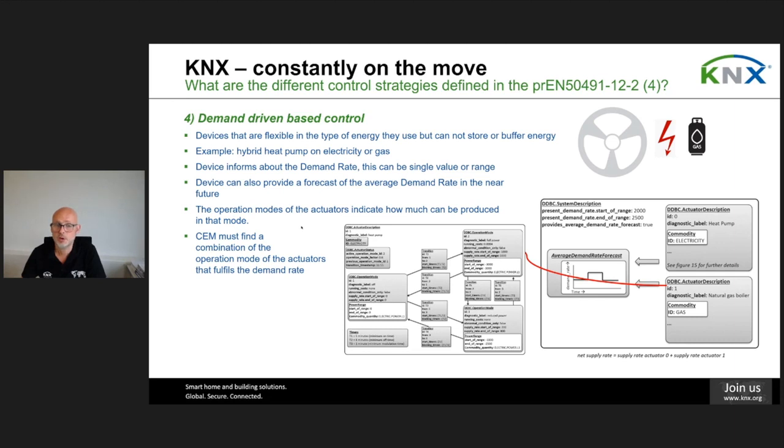And the operation mode of the actuators will indicate how much can be produced in that particular mode. So the SAM must find the appropriate combination of the different operation modes of the different actuators to fulfill a certain demand rate.